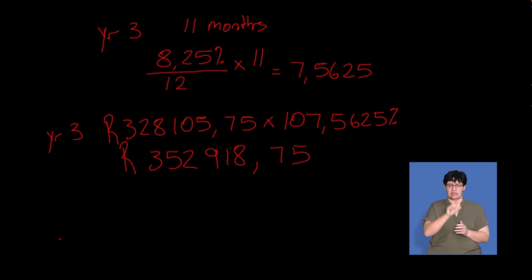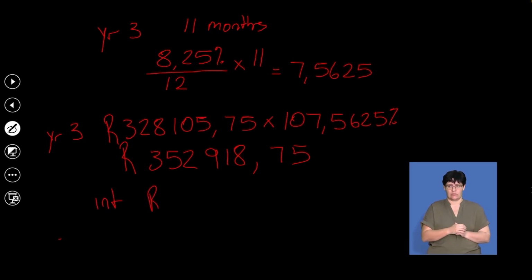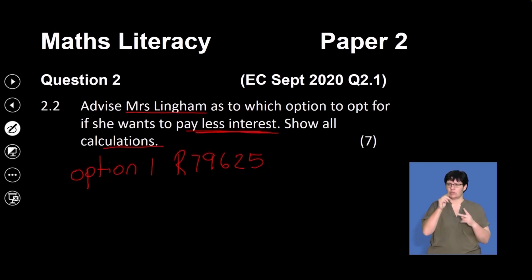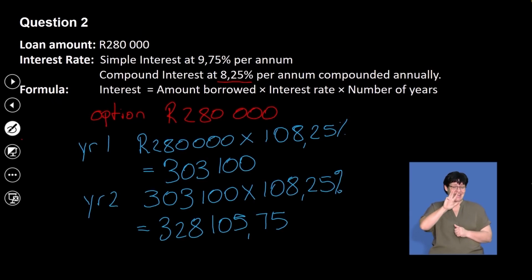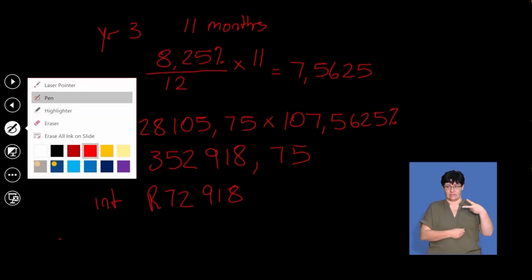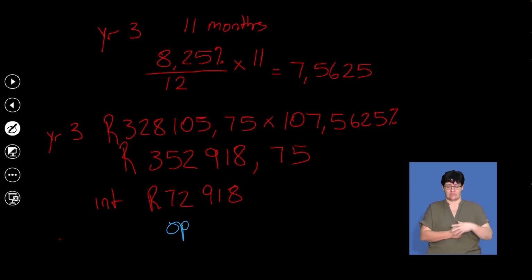Interest was 72,918, and I'm just going to compare. So I'm going back in my slides to see what option 1 was, and option 1 was 79. And now the question was, which was less interest? So option 2 is less. Option 2.